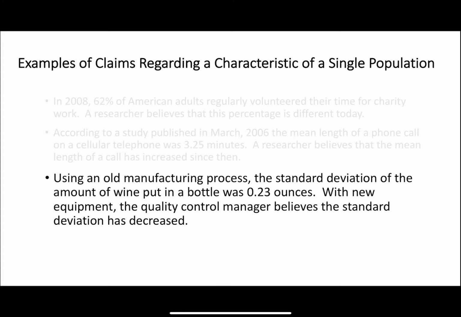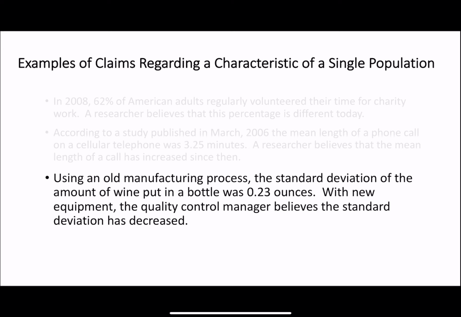Here's another one. Using an old manufacturing process, the standard deviation of the amount of wine put in a bottle was 0.23 ounces. With new equipment, the quality control manager believes the standard deviation has decreased. So they got some new equipment, and they think because of this new equipment that their standard deviation has decreased.